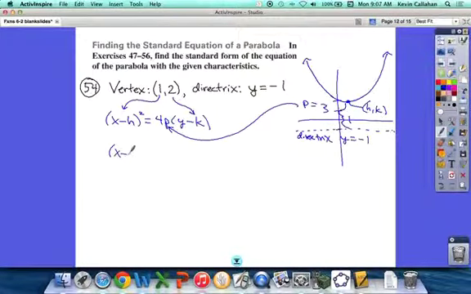So (x minus 1) squared equals 4 times 3 times (y minus 2). (x minus 1) squared equals 12 times (y minus 2). That's standard form. Good.